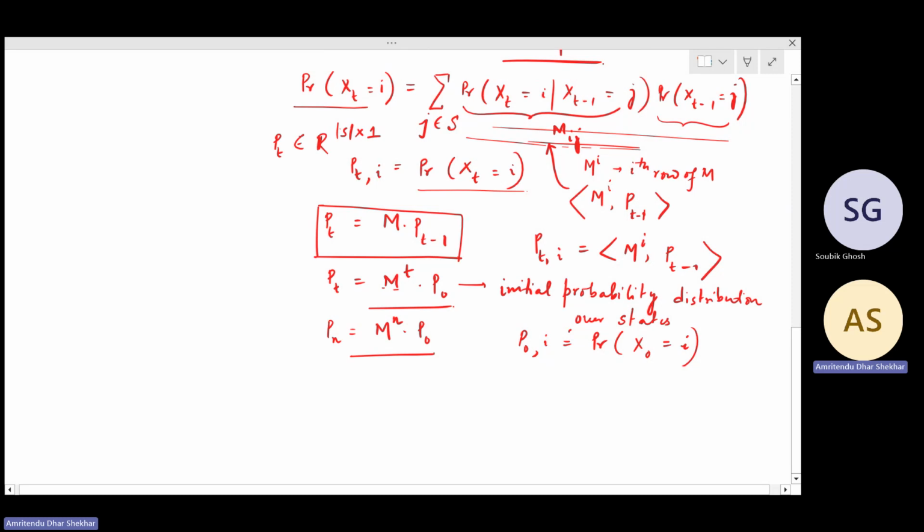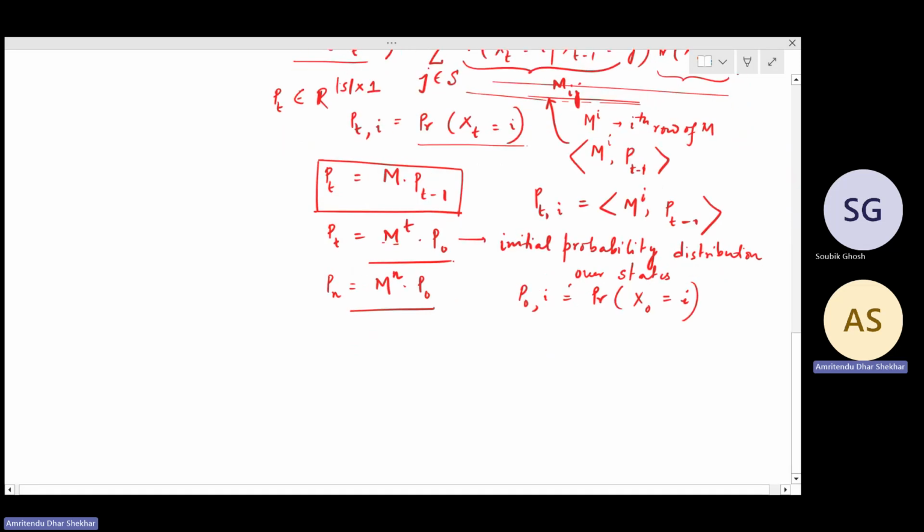Sometimes we consider the transpose of this matrix. So in that notation, we have pn transpose is equal to p0 transpose times M. Okay, so let's just write it as M transpose. Sometimes this is also called the transition matrix.